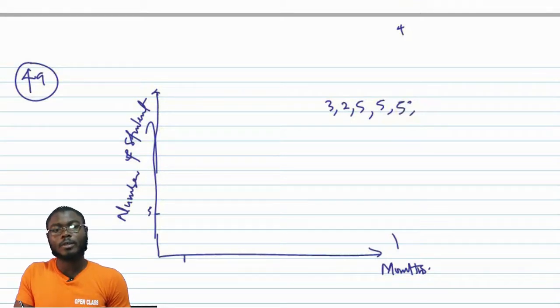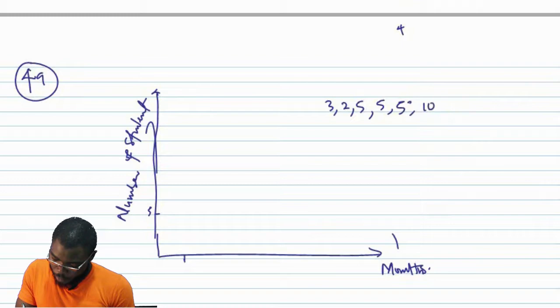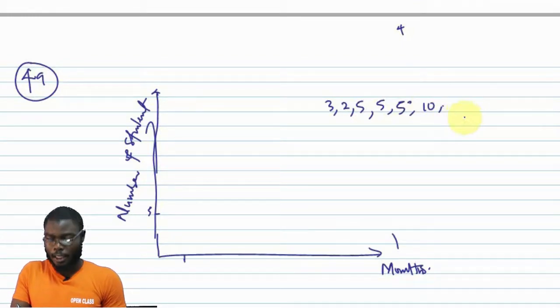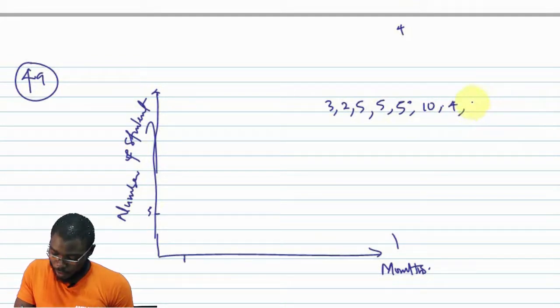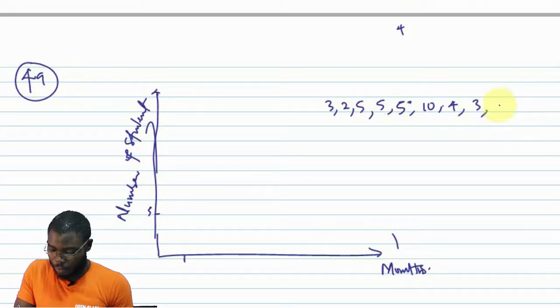You need to make sure you read off the graphs very well. And then 6 is at 4, and then 7 at 3, and then 8 at 1, and then 9 at 2.